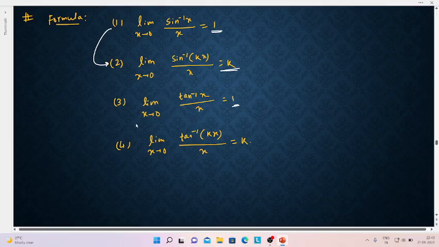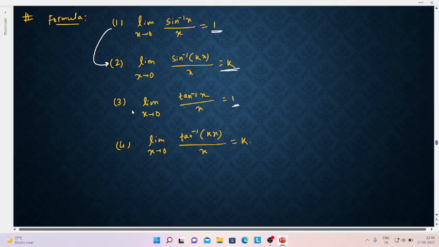So what about the value of limit x tends to 0 of tan inverse kx over x? It is basically only k. So tan inverse kx over x equals k when limit x tends to 0. So let me recall those 4 formulas again.